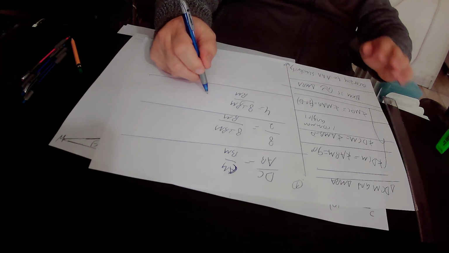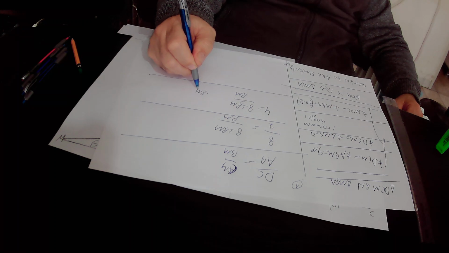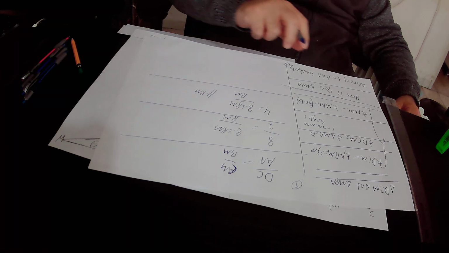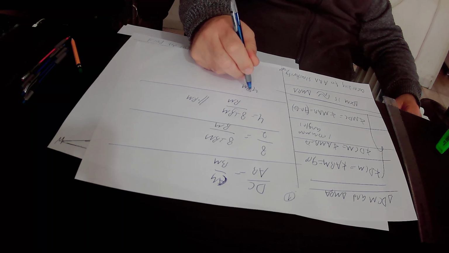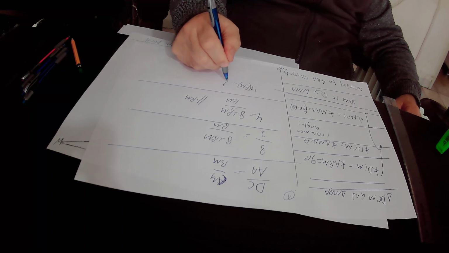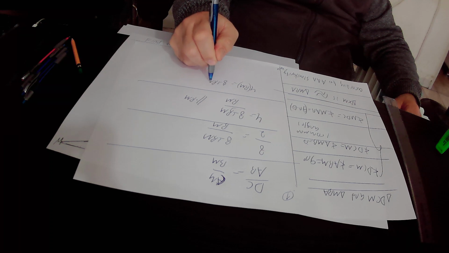Here we multiply this equation by BM, and we get that 4 times BM equals 8 plus BM.